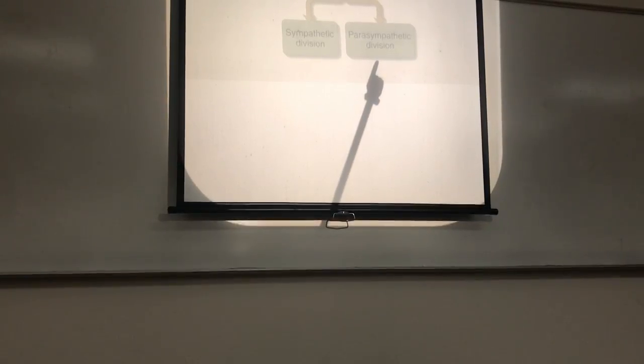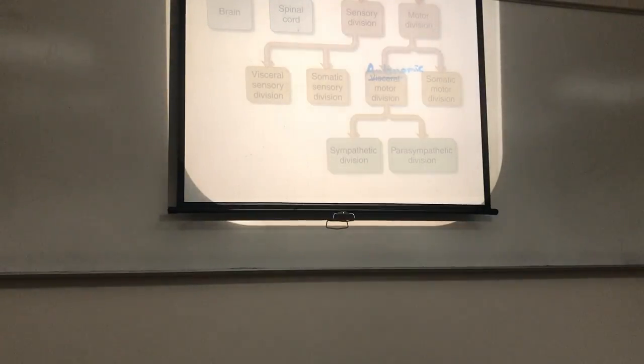Ugh. Now, if you ask me why we need two of these, I can tell you that, but we'll get to it later. All right, so this is kind of the organization, the hierarchy of what's going on with your nervous system.